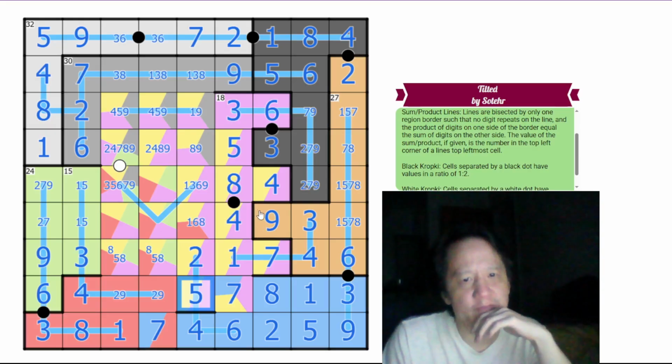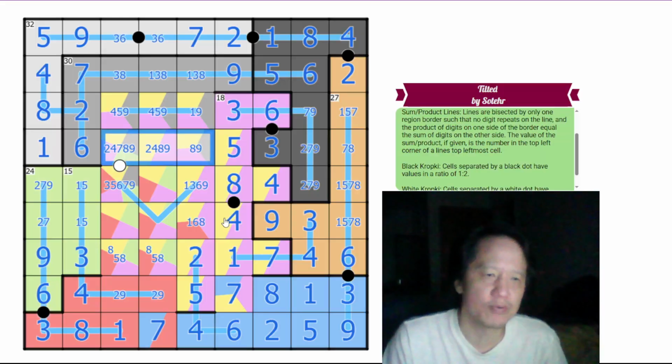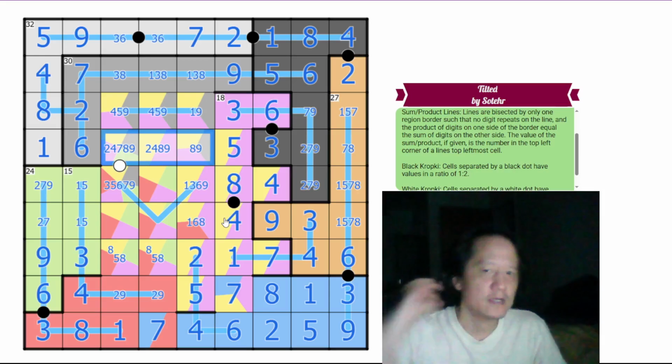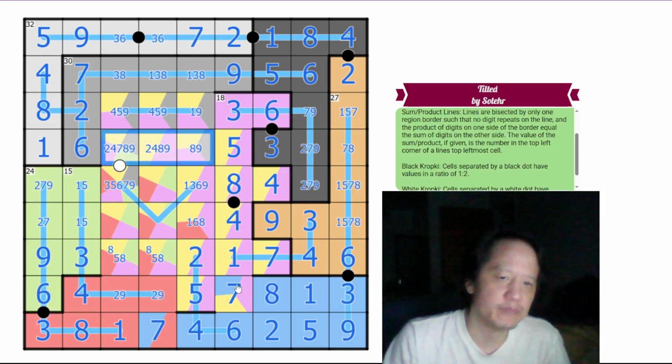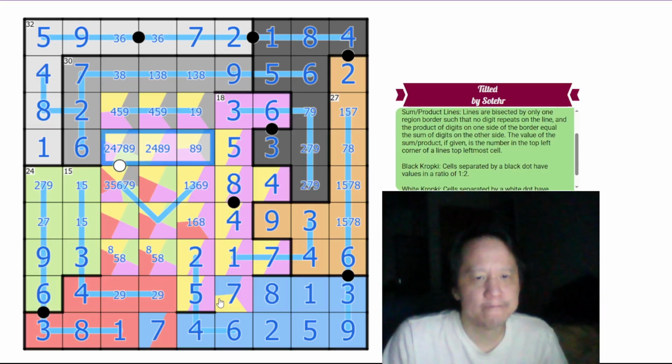This is pretty convoluted. I would not consider this just challenging. The geometries on this are pretty crazy, right? There's the product and the sums potentially being possibilities. It's just, yeah, there's a lot of possibilities here.